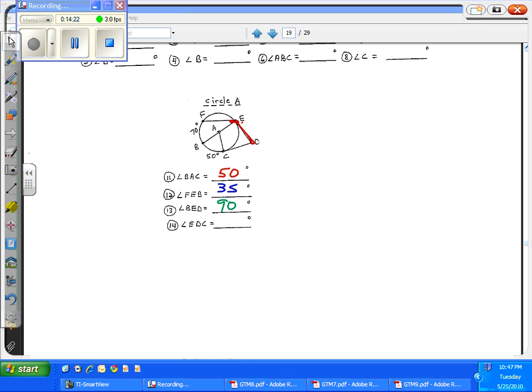Angle EDC. Where's the vertex? Outside. What's the rule? Half the difference in the intercepted arcs. That's an angle formed by two tangents to a circle from a point outside. What arcs?